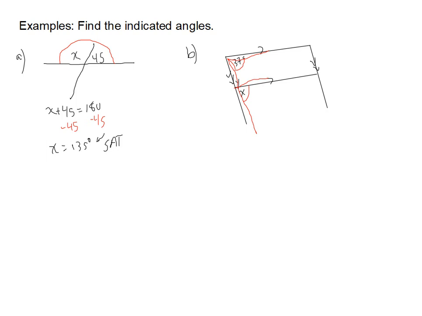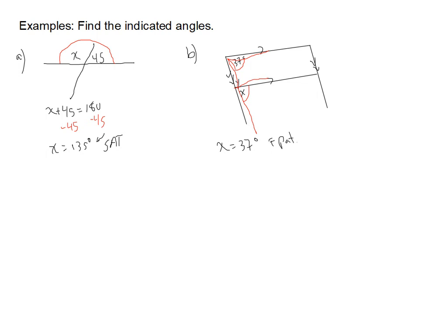So we would say that x is equal to 37 degrees, and that's because of the F pattern. All right, so we know that x is equal to 37.